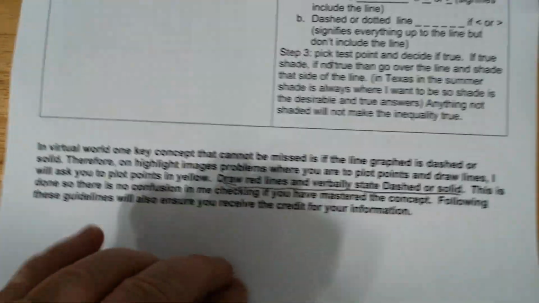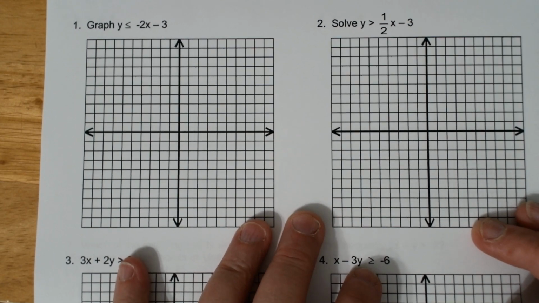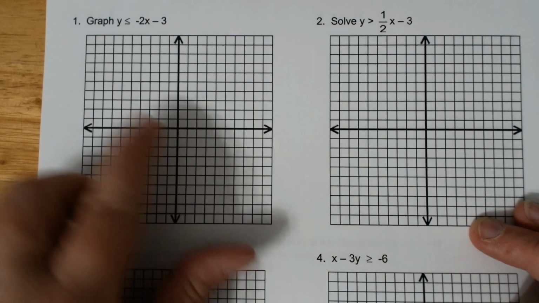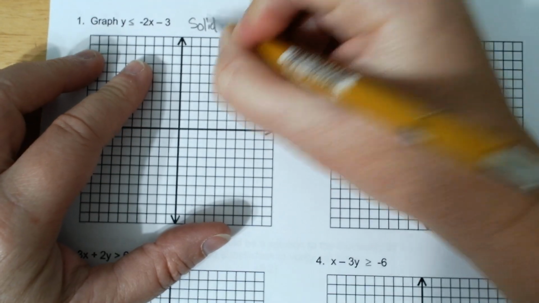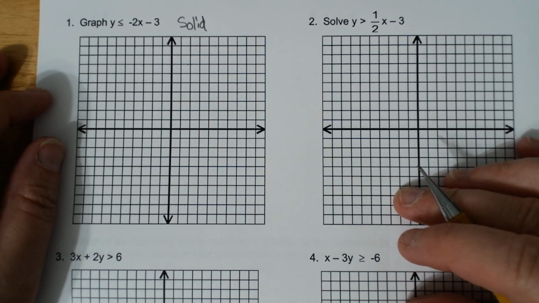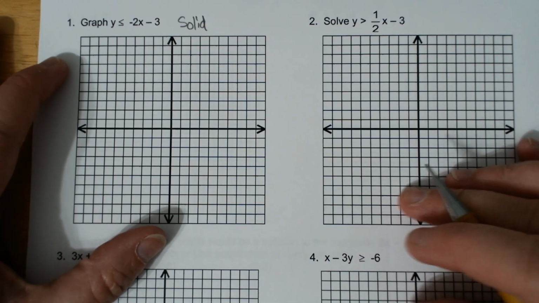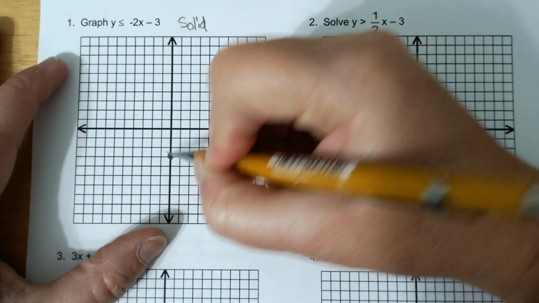Okay, so now we're going to get to a problem. Here we go. First problem, graph. It's in y-intercept form. I have an underline, so I'm going to write solid, because that reminds me it's solid, and this is something you're going to have to do. I go to -3, and I plot.